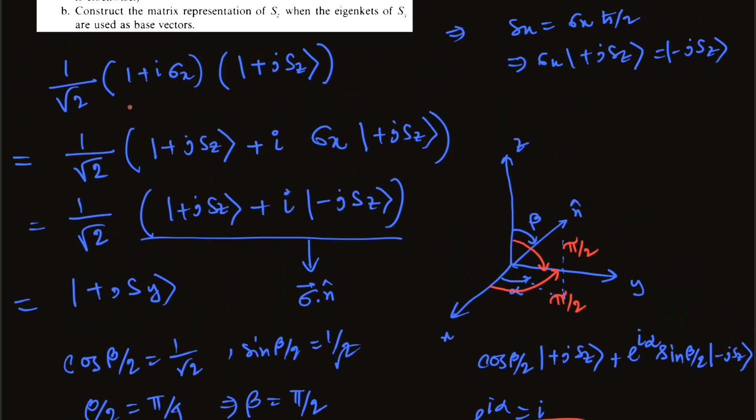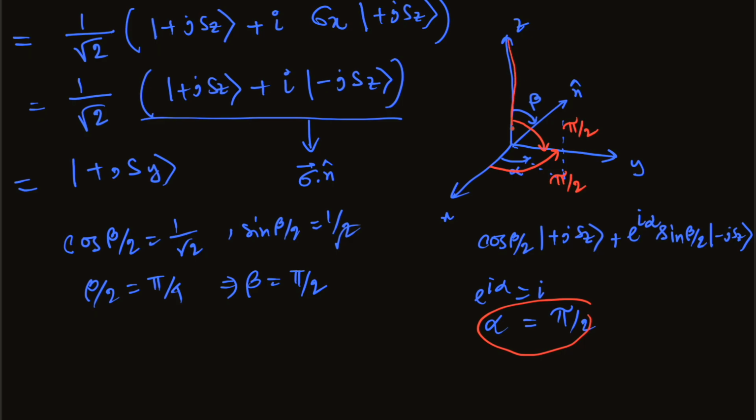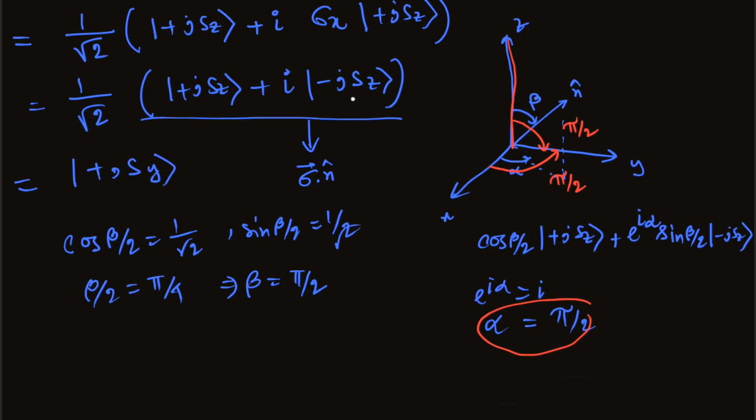So that means this operator gives a rotation of this. This operator rotates this z, the eigenkets of the sz operator, by a rotation of pi by 2, in the clockwise direction.